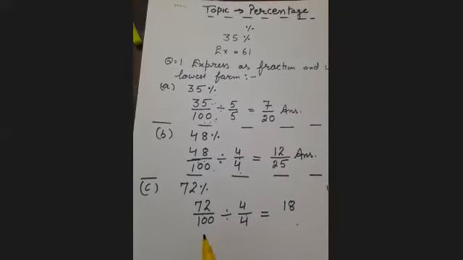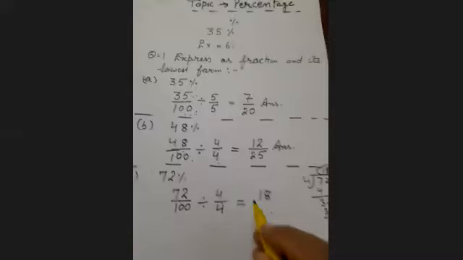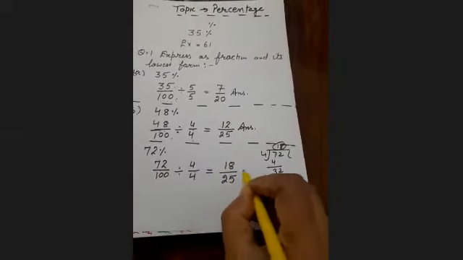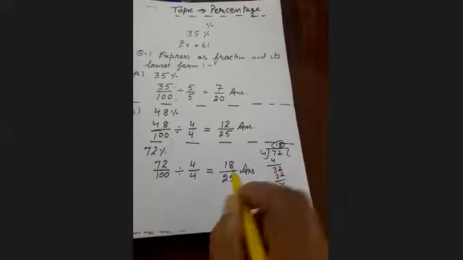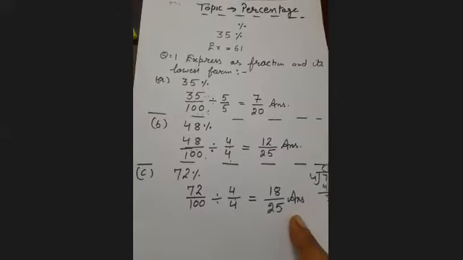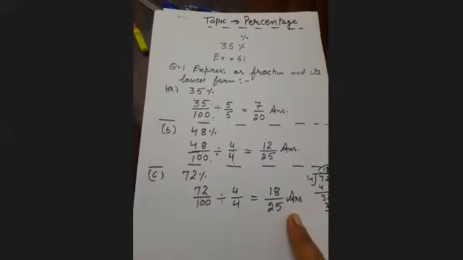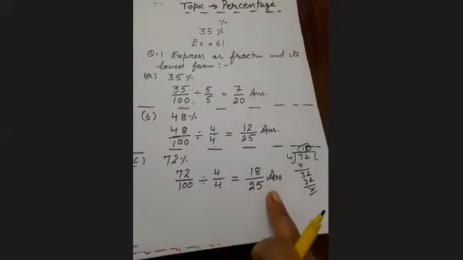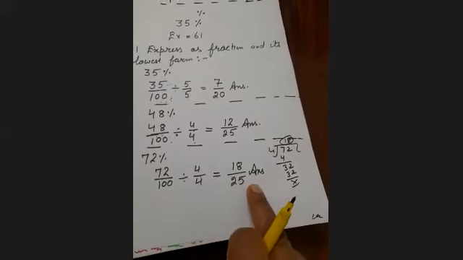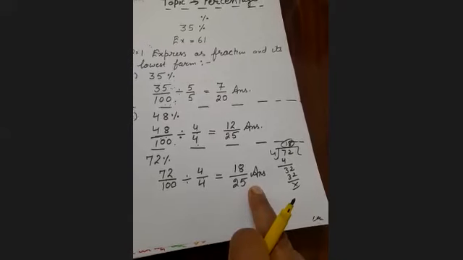Same, students, when we divide 100 by 4, we get 25. So the answer is 18 upon 25. Clear, students?